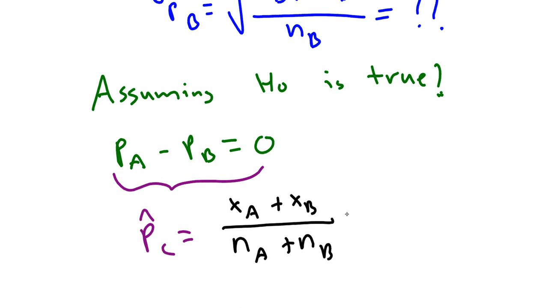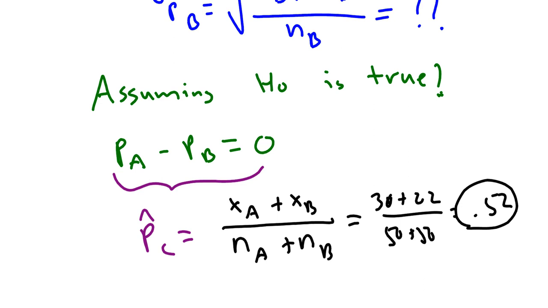Now, why are you doing this? You're doing this because if the two proportions are equal, then in essence the instructor doesn't matter, and you're just finding the total proportion of people who passed. So if we add them together, it's 30 pass in A plus 22 in B over 50 plus 50. So that looks like 52 over 100, or 0.52.